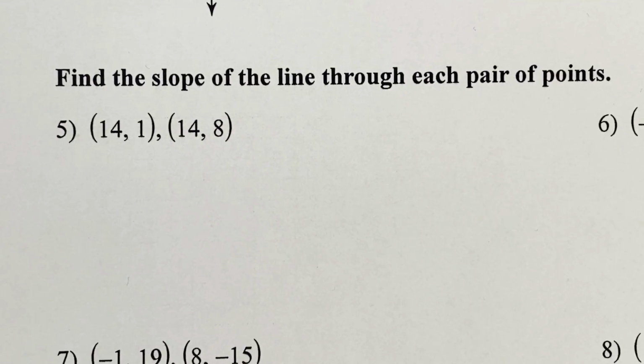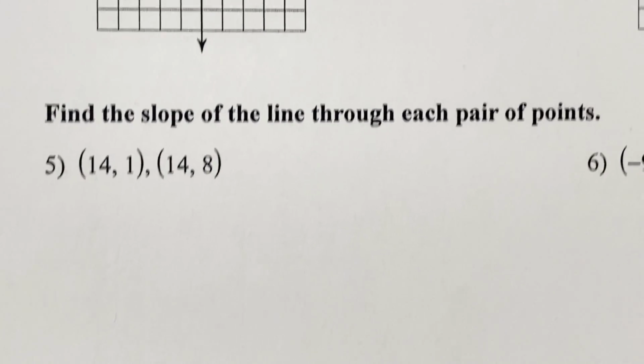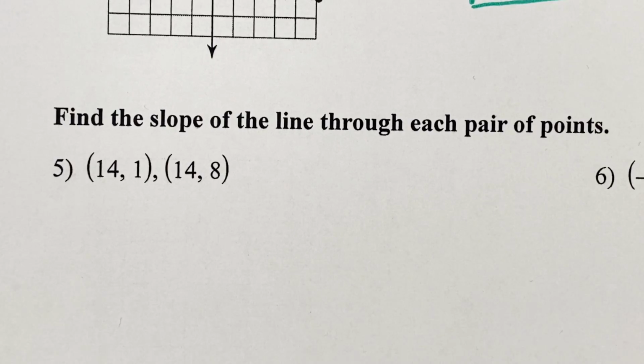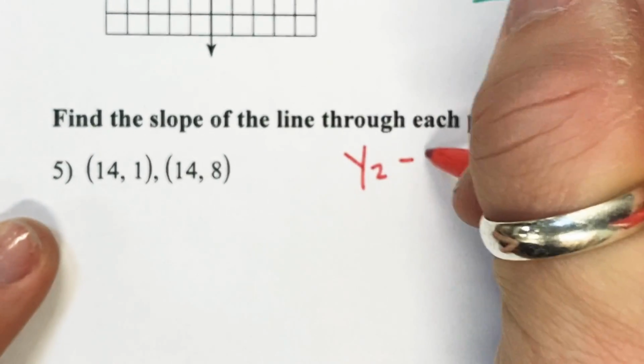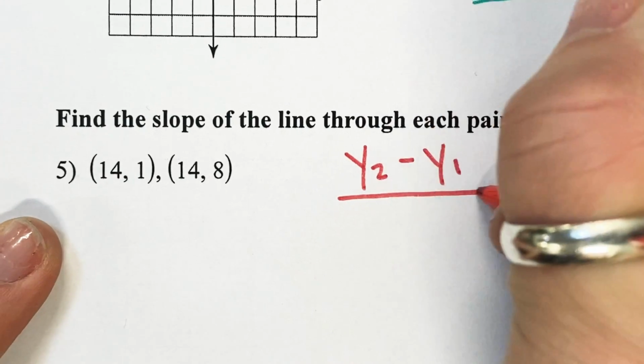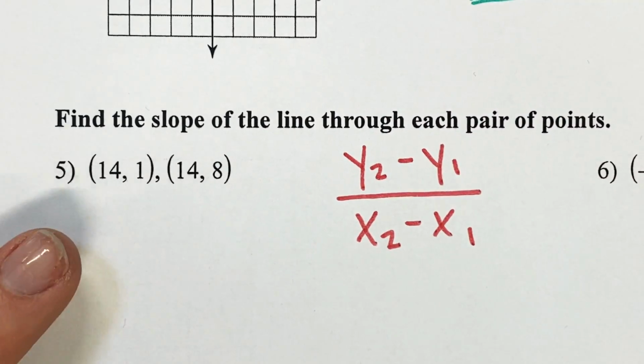Perfect. Okay, for 5 through 10, we need our slope formula. So let's go ahead and copy down our slope formula. So our slope formula is always y2 minus y1 over x2 minus x1.